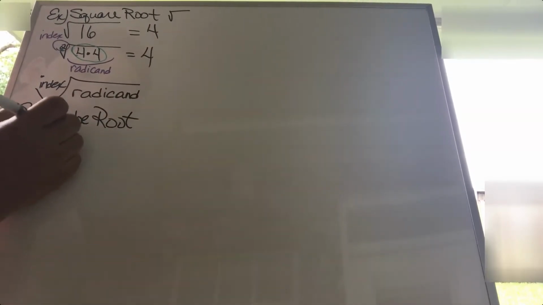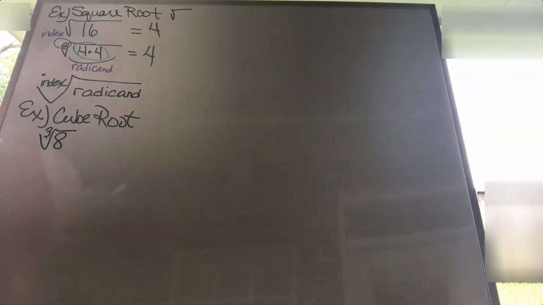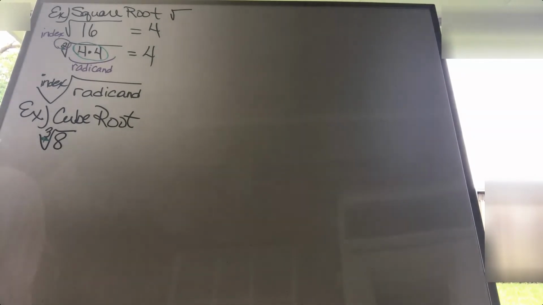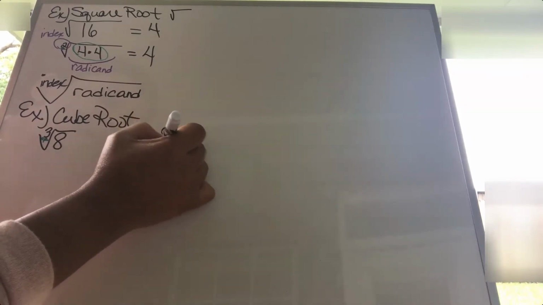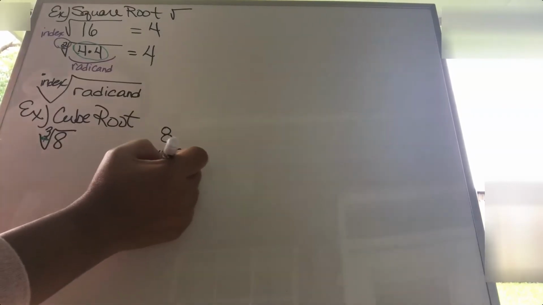If I wanted the cube root of 8, that means I need something times itself 3 times, because my index, that number on top of the house, is 3. So I have to figure out how can I break up 8 to where I can get 3 of the same thing. So if I need to, I come aside and I do my little factor tree. 8 is 4 times 2, and that 4 is 2 times 2.